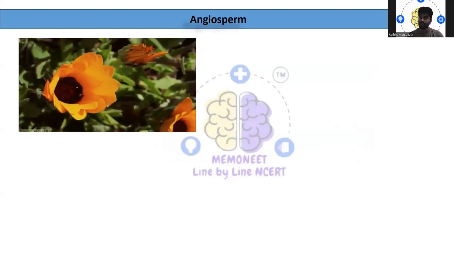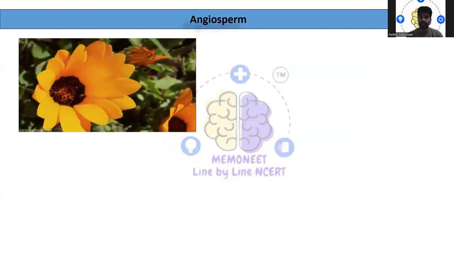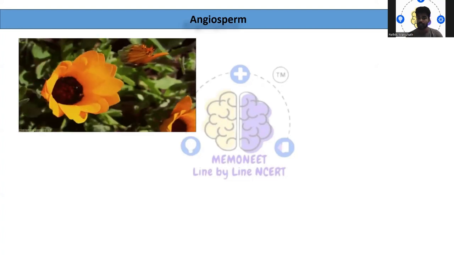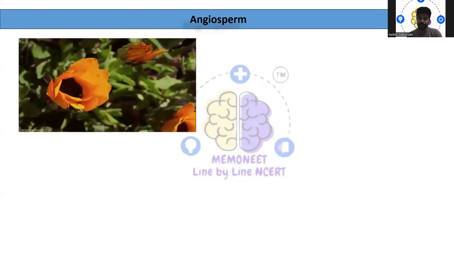They are the largest group of the plant kingdom, and you will see them everywhere. They range from very small plants to large trees of around 100 meters.